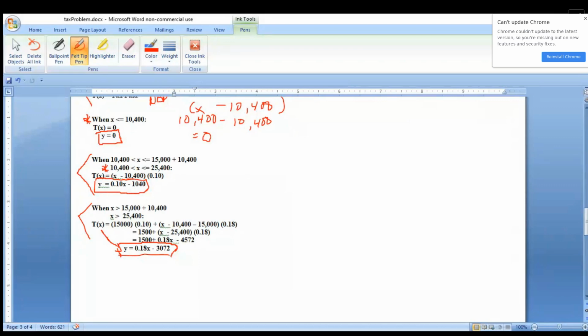So you can take in your pen and it just follows this line. So when your income is $35,340, your tax is $3,289.20. So it's really neat how this works out. So Desmos is your friend. It just makes sense of everything.